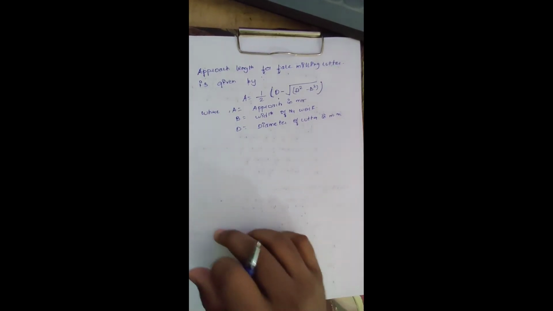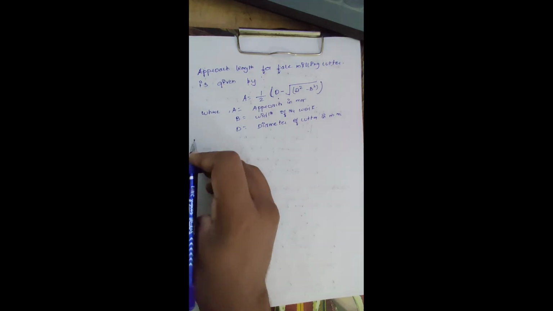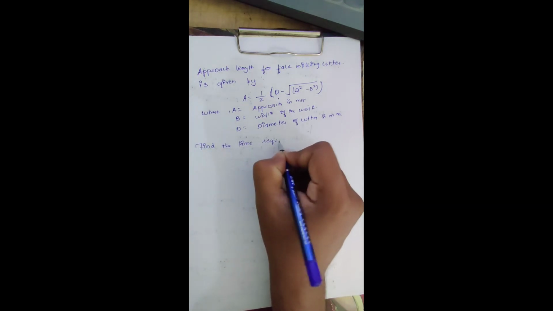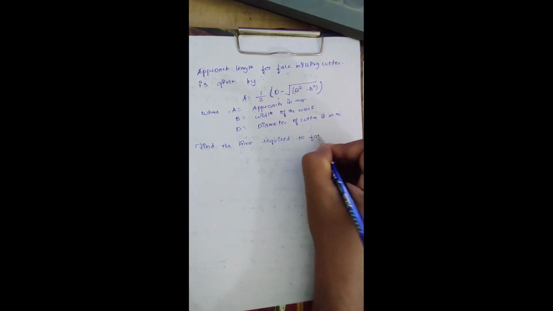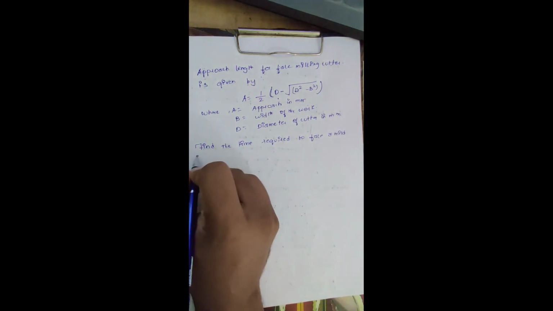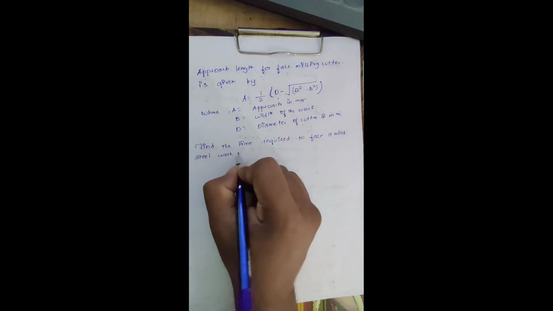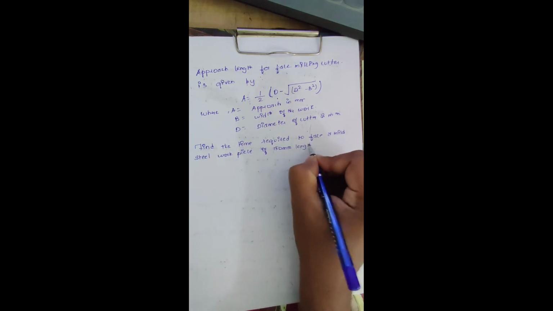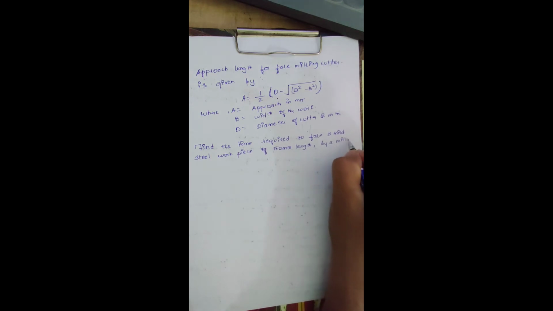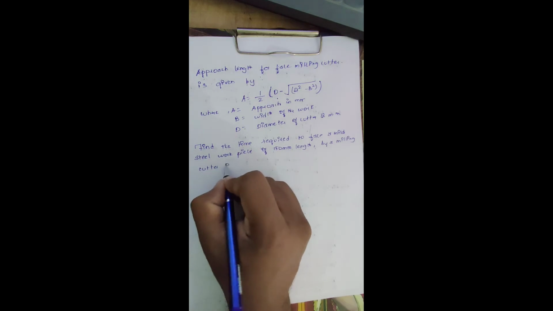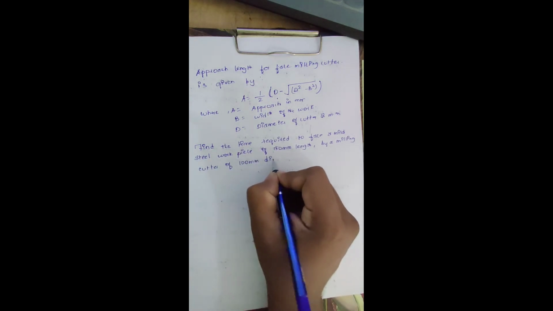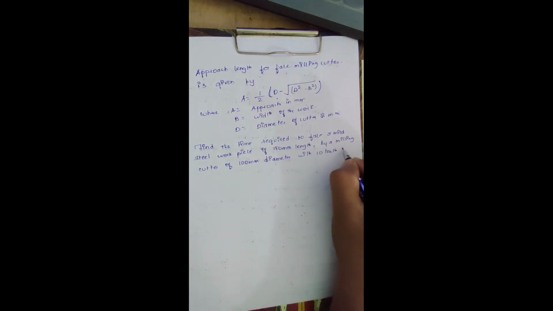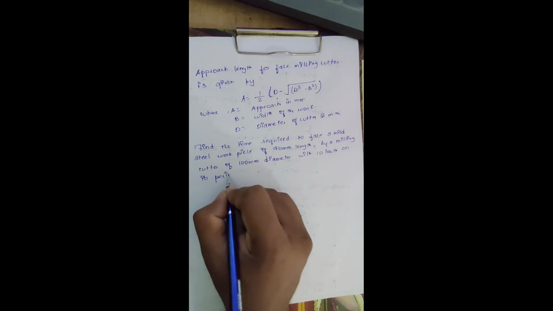Now we are going to do a problem. Find the time required to face a mild steel workpiece of 150 mm length by a milling cutter of 100 mm diameter with 10 teeth on its periphery.